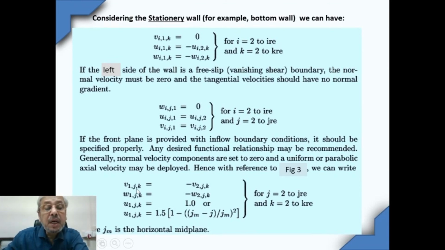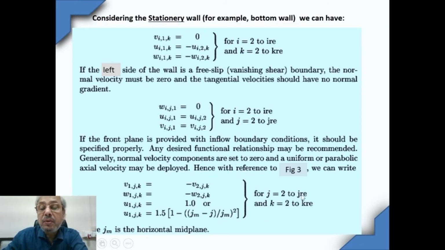So v1 jk equal to minus v2 jk makes v on this inflow plane 0, and w1 jk equal to minus w2 jk also makes w velocity 0, and u either 1 or parabolic or any other profile we can set up by describing a mathematical function representing the profile.